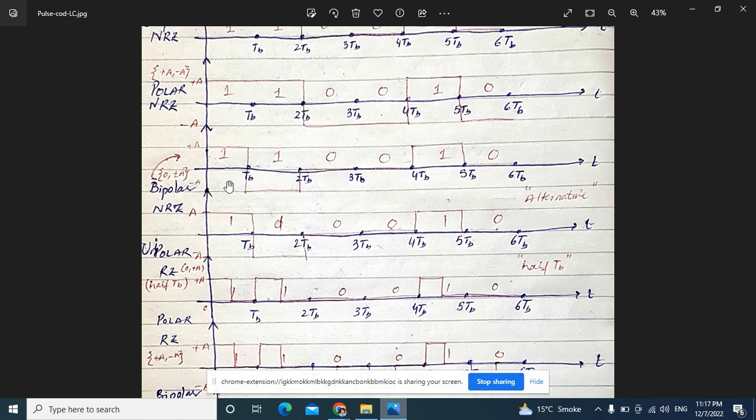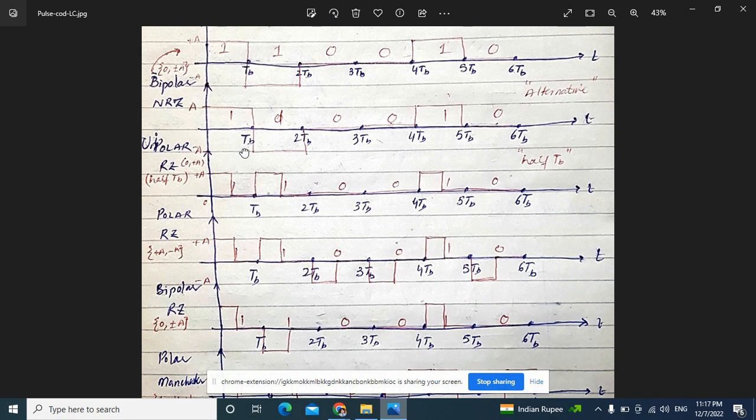The assignment was negative A, so now you have to assign positive A. Then the next bit is 0, so you assign 0 value. So for bipolar, the data level is 2, but the assigned signal level is 3: 0, positive A, and negative A.